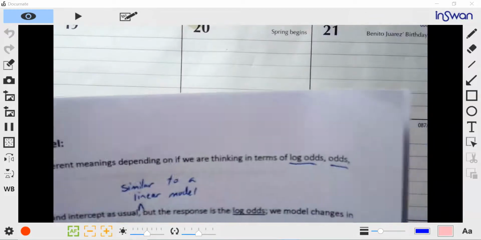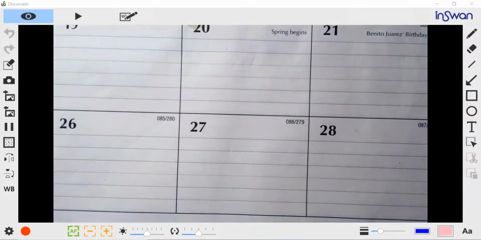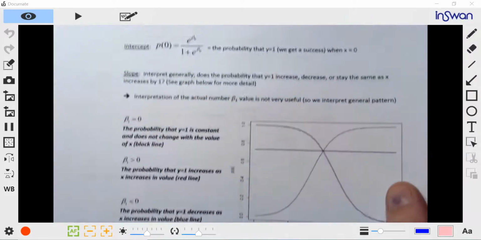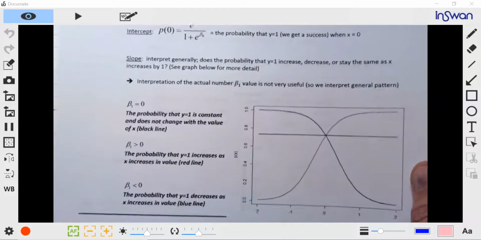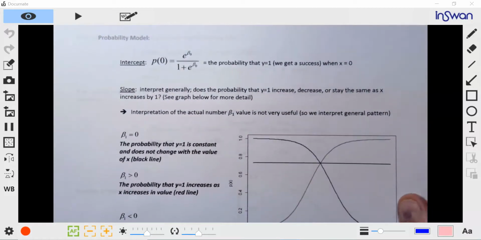So let's take us to the next level and talk about the probability model. So remember, we can interpret these models in terms of log odds, not particularly useful as an interpretation because it's difficult to understand what log odds means. We can talk about it in terms of odds, which we usually convert to odds ratios.